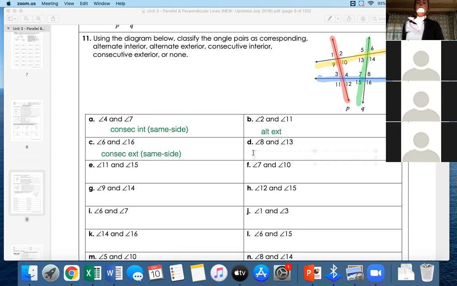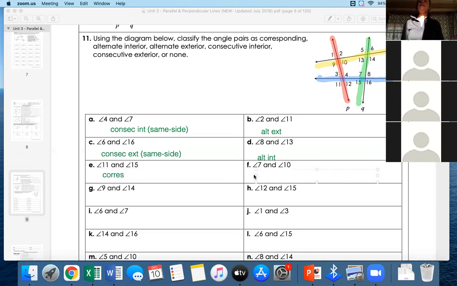How about 8 and 13? 8 and 13. Wonderful. 11 and 15. 11 and 15. Good job.